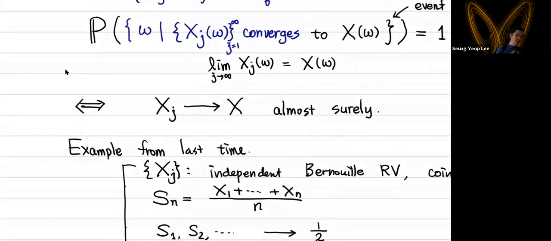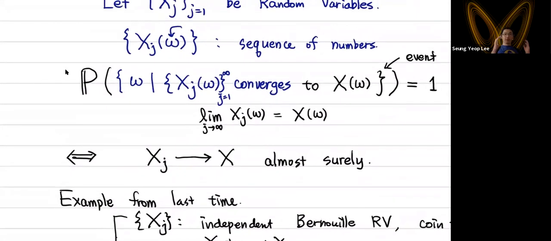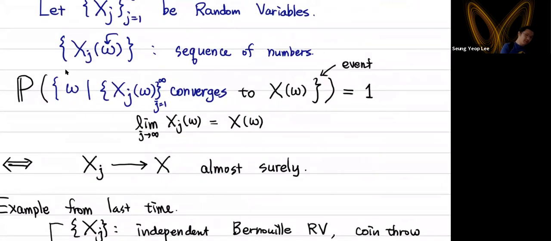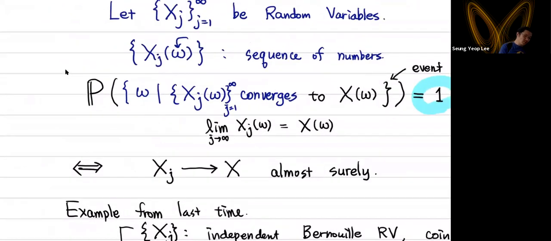Almost sure convergence is if, for almost all choices of omega, that's probability 1, almost any choice of omega, Xj of omega converges to the limit X of omega. That's the almost sure convergence.